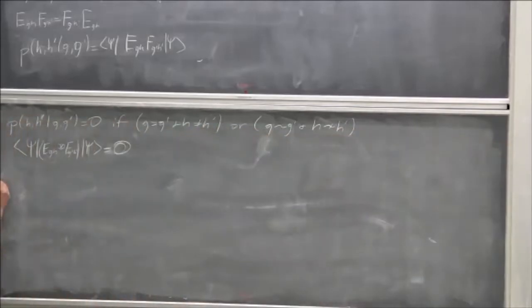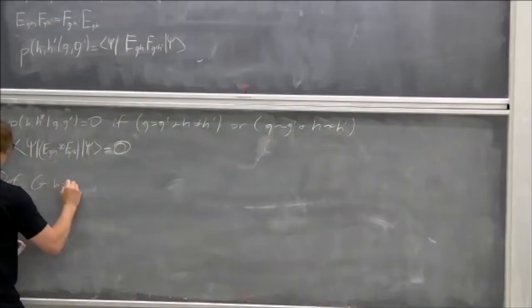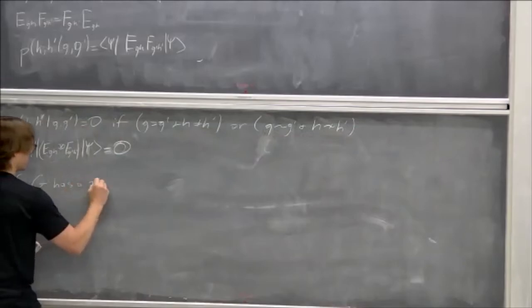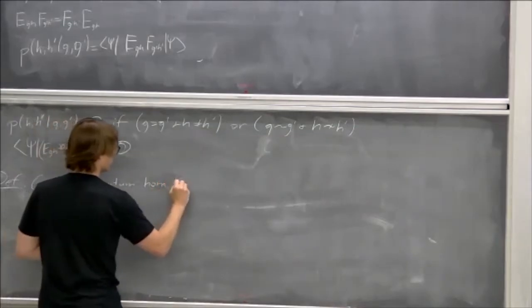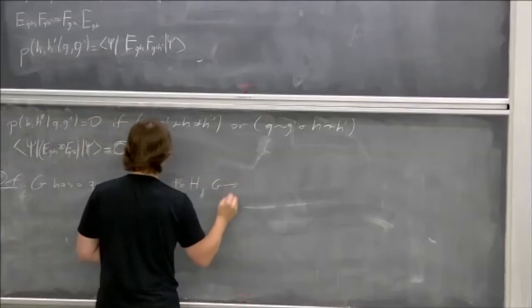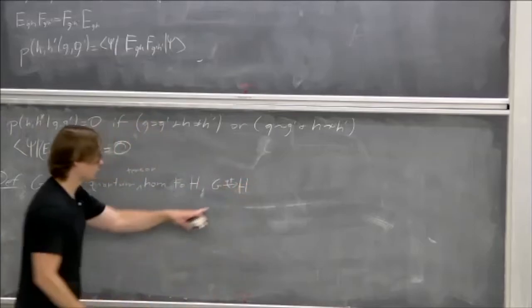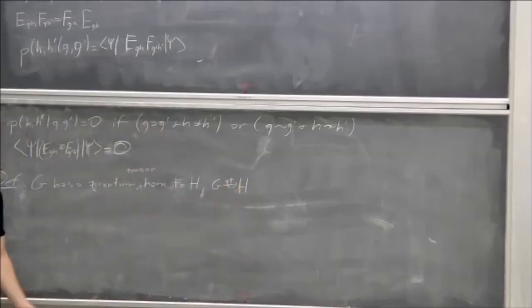So, definition: I will write G as quantum to H, which I denote by, again, I should say quantum tensor. So we write the same notation as before, but we add this QT on top of the arrow, okay?